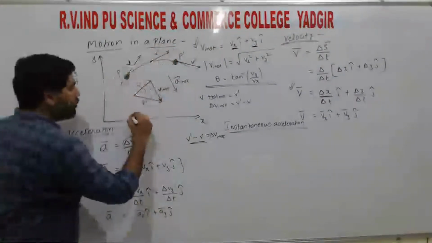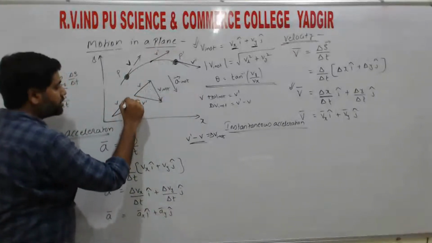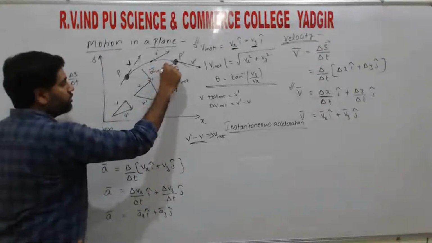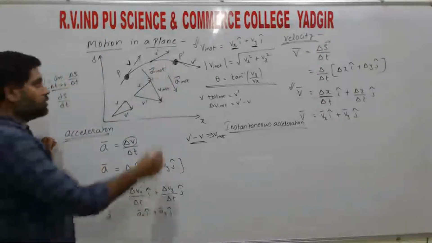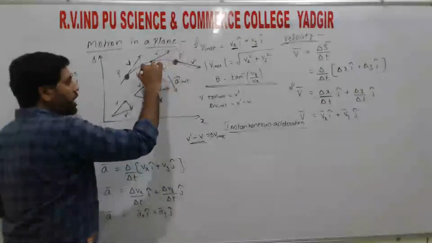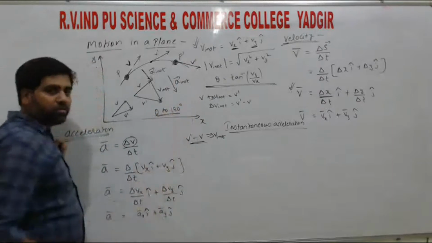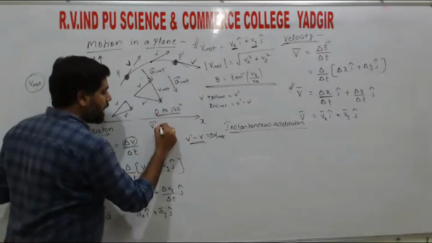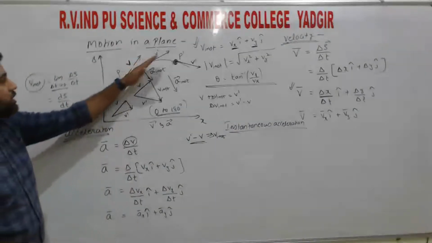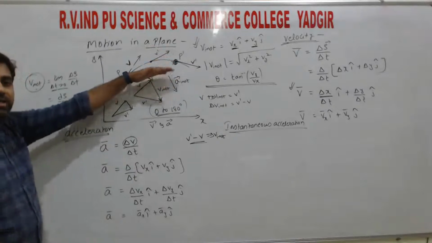So again by the triangle of addition, V, and somewhere here V dash, again we are getting the instantaneous acceleration in this direction, right? So the angle between V and A is always in the range of 0 to 180 degrees, right? So as the instantaneous velocity changes, the direction of instantaneous acceleration also keeps changing, right?